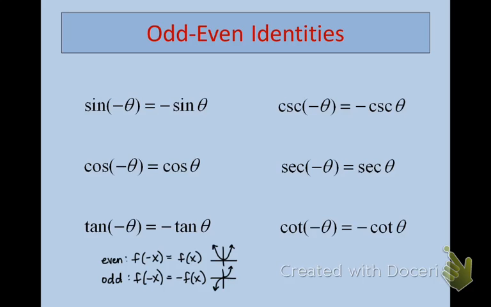So you can remember these odd-even identities by remembering the shape of a graph, right? If you look at the sine function, remember the sine function about the origin is going to look like this. Is this an odd or an even function? Is it perfectly symmetric about the y-axis?